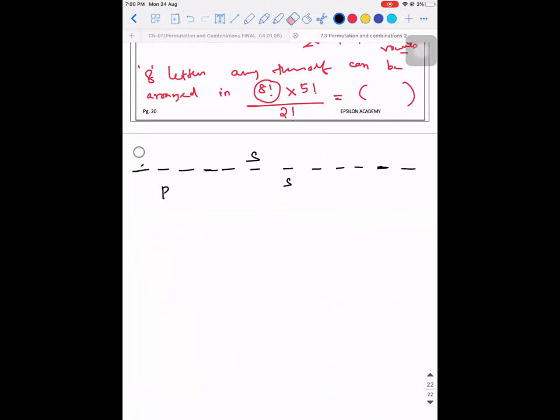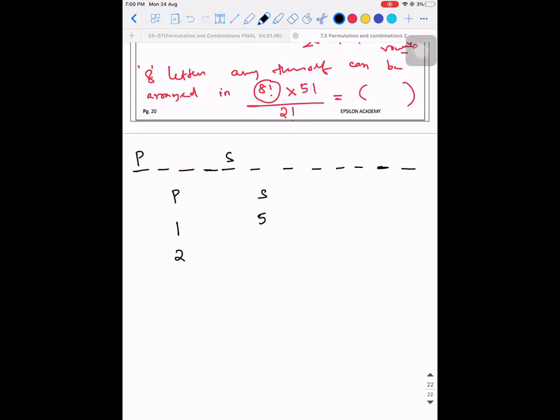So how to find this? I'll take P and S, the position of P and position of S. If the position of P is the first blank space, the position of S is the fifth blank space.